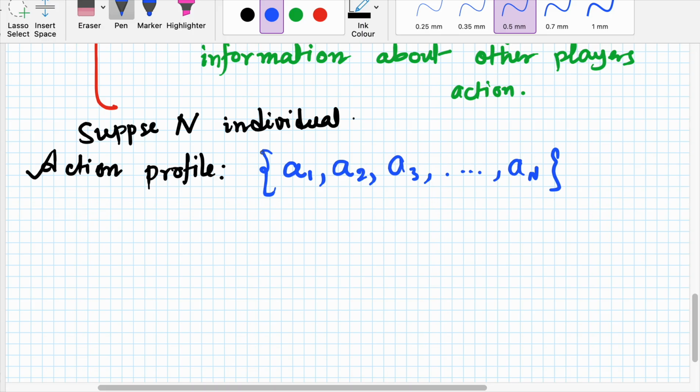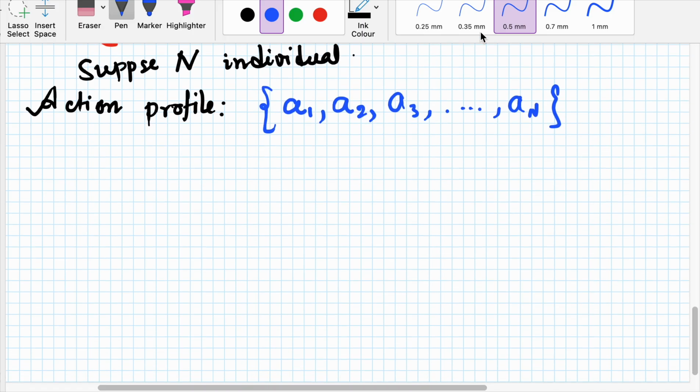We are asking, is there an action profile for players in a strategic situation? That means suppose n players are in a strategic situation, then is there an action profile, that means an action for every individual, such that this action profile, in a sense, maximizes everyone's utility given the other players' actions.